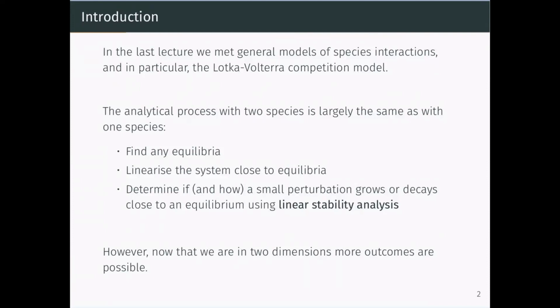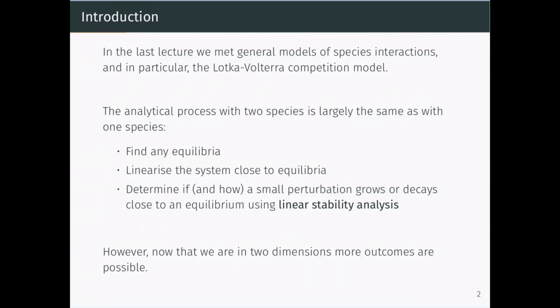So essentially, we're looking at the stability close to an equilibrium. We did this in one dimension, now we're just extending this into two dimensions. We're also going to potentially then determine if and how a small perturbation, so a small change in our system close to that equilibrium grows or decays.